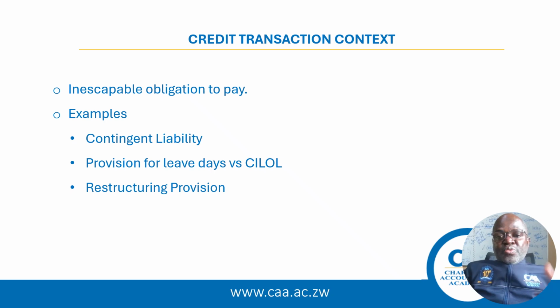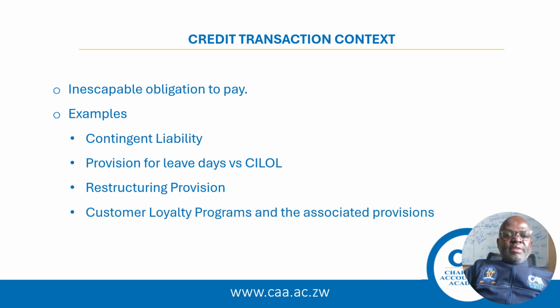So this allocation of this expected cost over the period, the question is, as it is allocated over this period, do we get tax deductions? And the answer is no, when there is not yet an inescapable or an unconditional obligation to pay it.